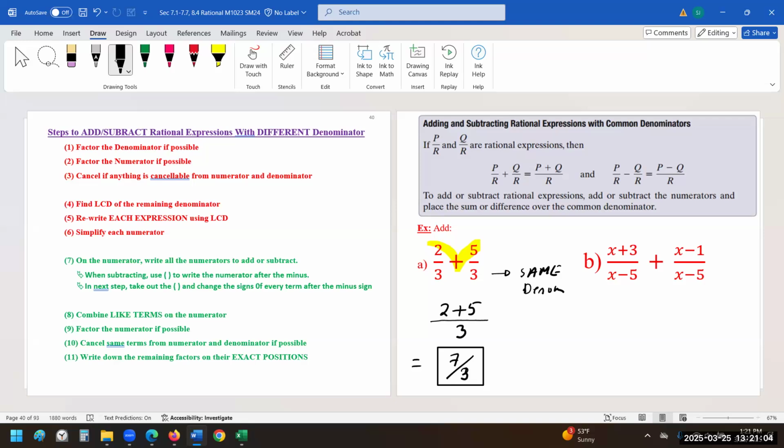Do you have the same denominator? So keep the denominator. And whatever we have on both numerators, put them together, combine them. So x plus 3 plus x minus 1.